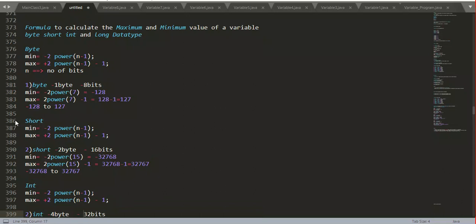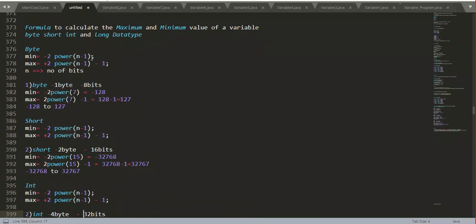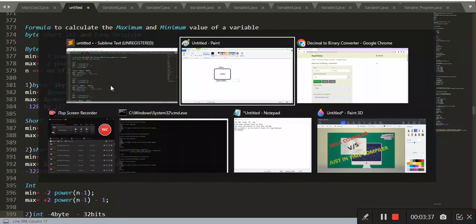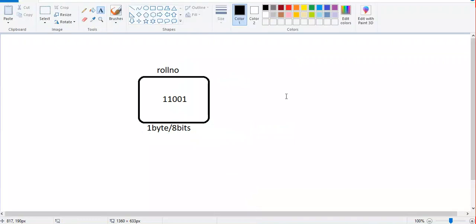See, this is the byte data type and this is the formula. For the minimum value, minus 2 power n minus 1. For the maximum value, plus 2 power n minus 1. Let me show you how we can store it. This is 8 bits of storage area, but what about the sign?